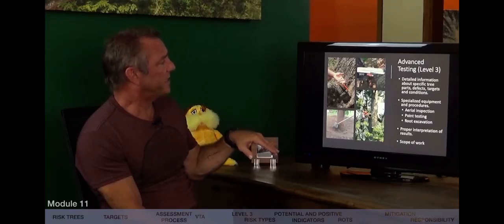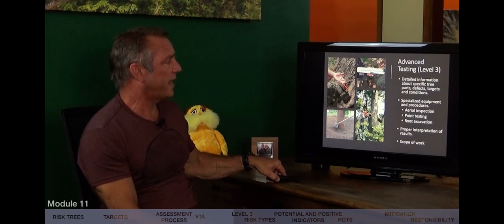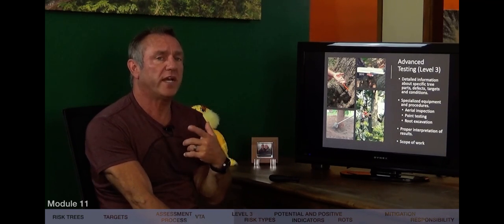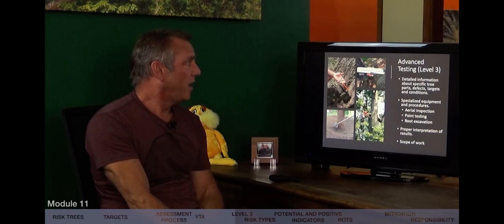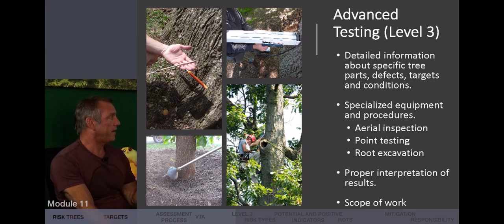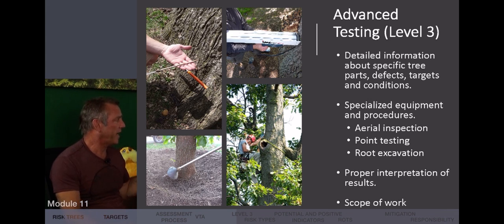Now, advanced testing is usually something that is requested after level 2 if additional information is required or the client dictates that. It's usually specific parts of the tree or defects or conditions in the tree that we're looking at.